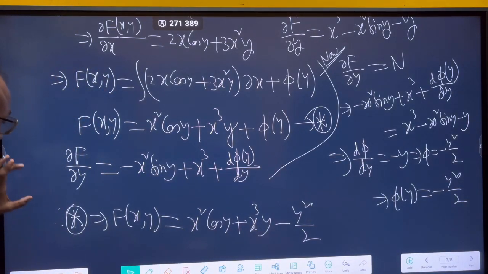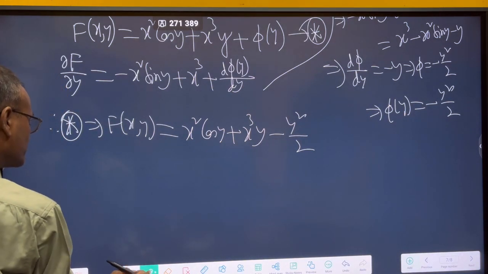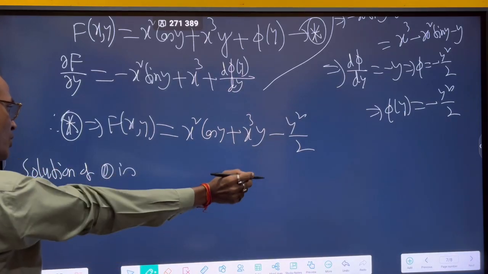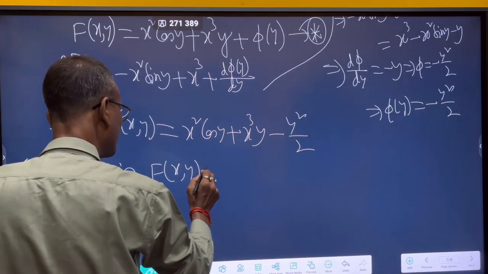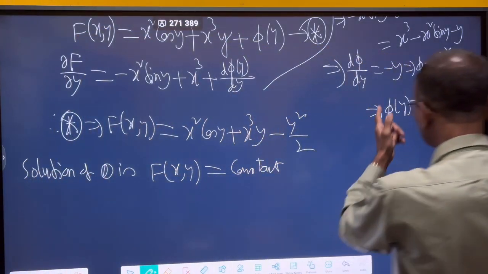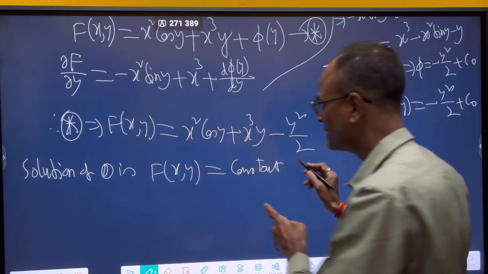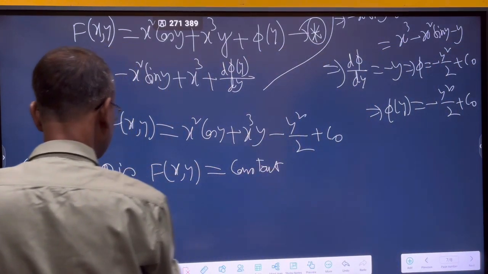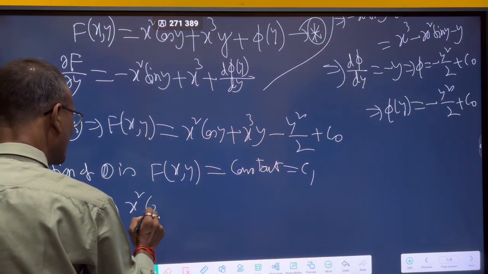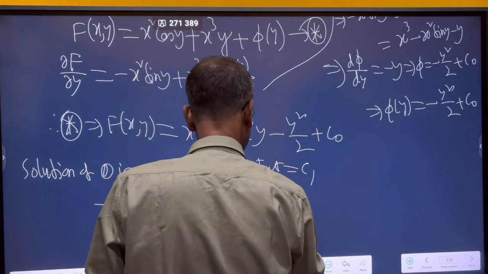Therefore, the solution of 1 is f of xy equal to constant, that is, x square cos y plus x cube y minus y square by 2 plus c naught equal to c1.